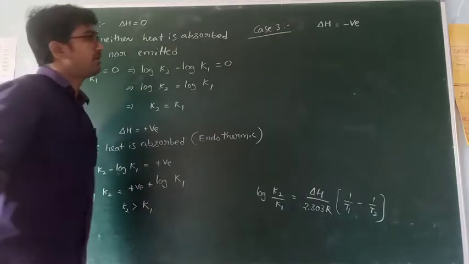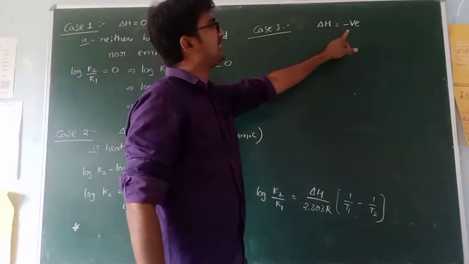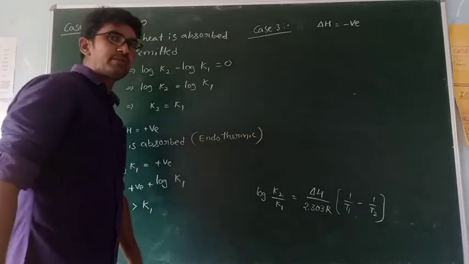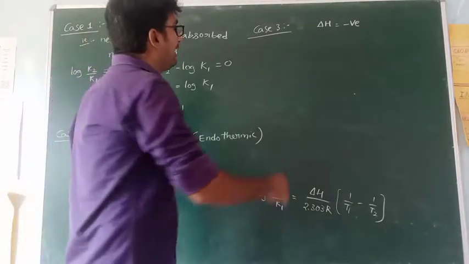So case 2 completed. Now come to case 3. Delta H is equal to negative, meaning exothermic reaction. In exothermic reactions, heat is released.